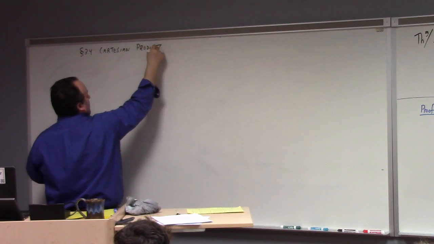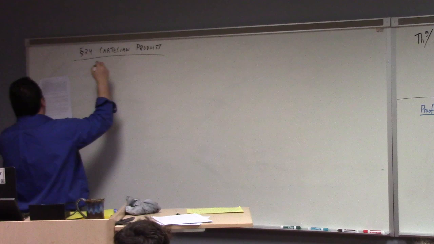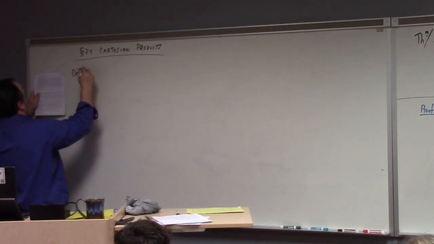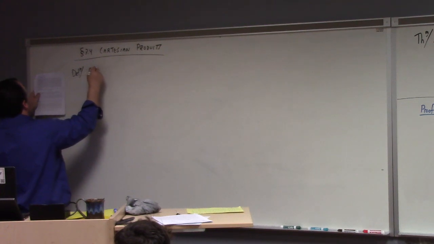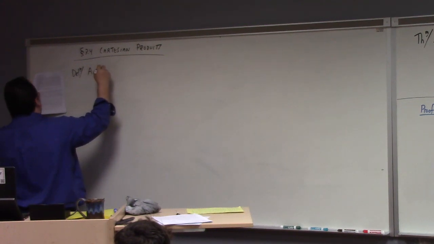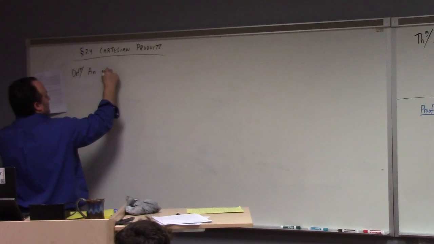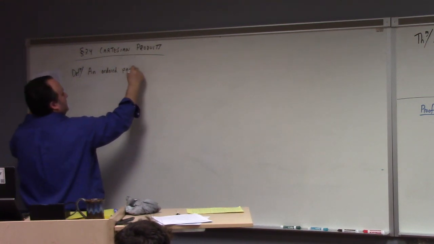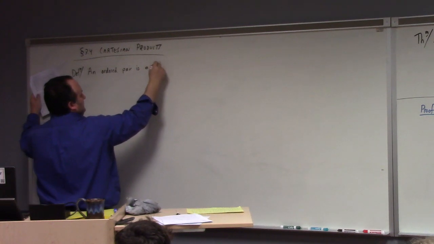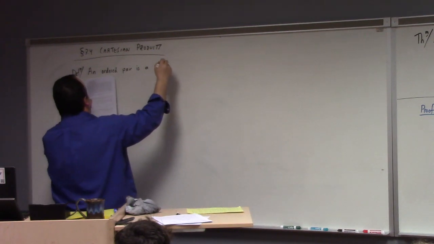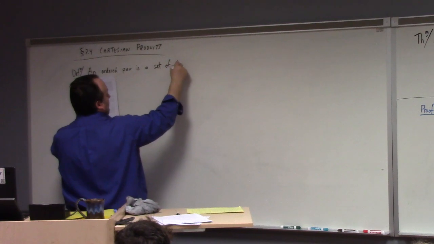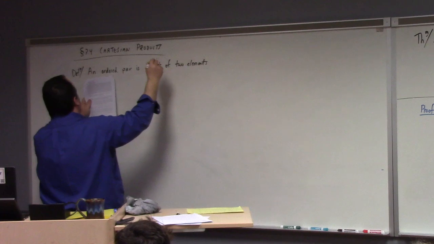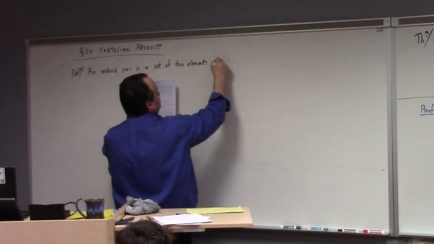And I start with a definition. This definition is a little bit technical, and we're not really ever going to use it much, but here it is. An ordered pair is a set of two elements with an ordering.